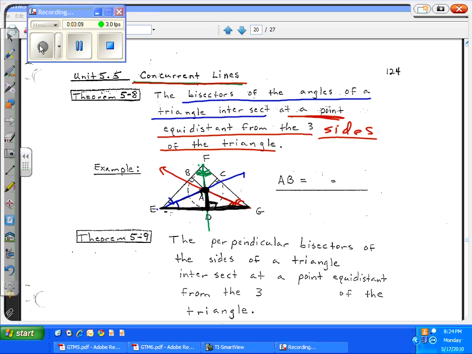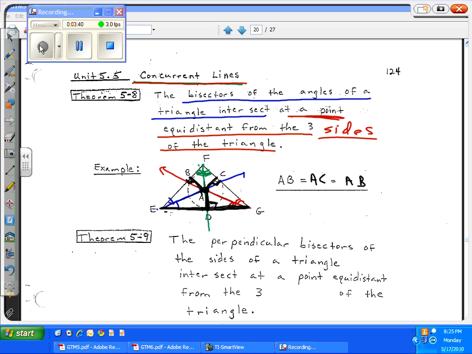The distance from that point to side LP is the perpendicular segment drawn to it, which would be segment AB. And the distance from the point of concurrency to side FG would be segment AC. So AB is equal to AC is equal to AD. That point is equidistant from the sides.